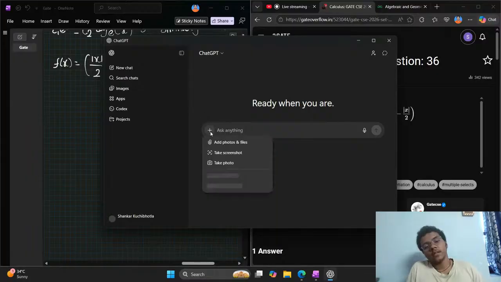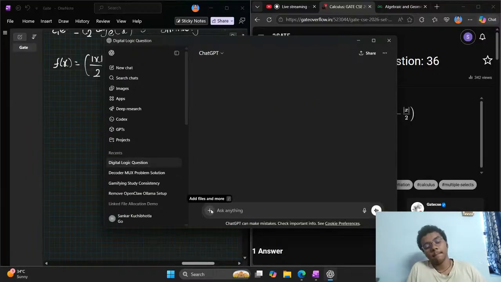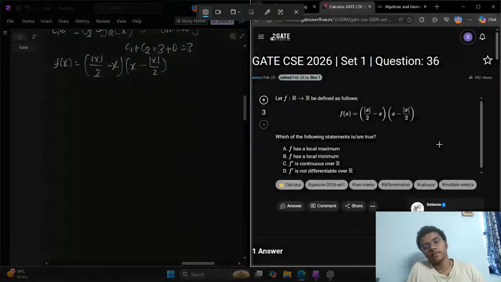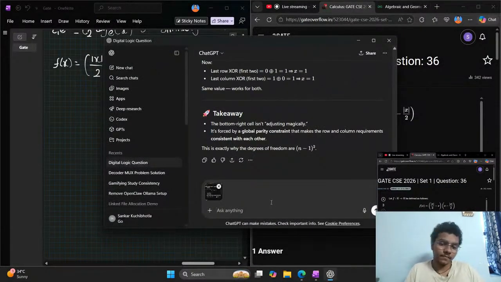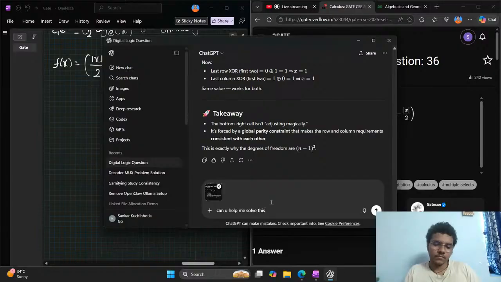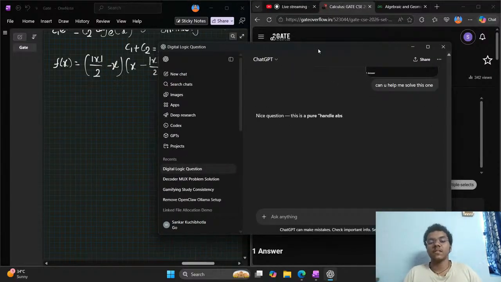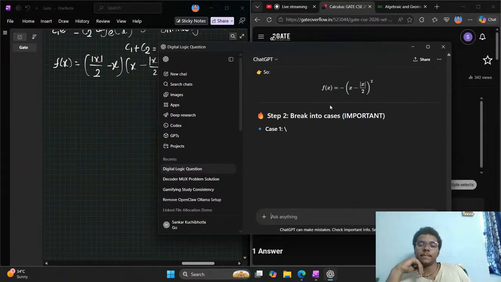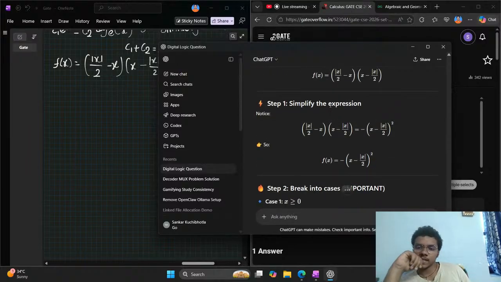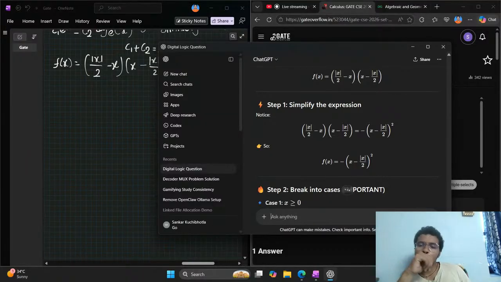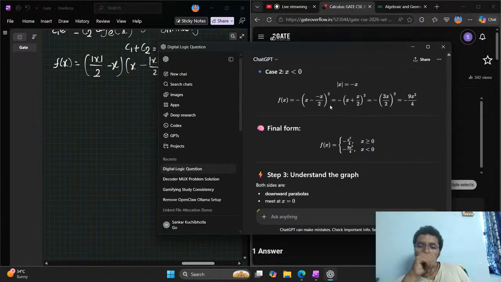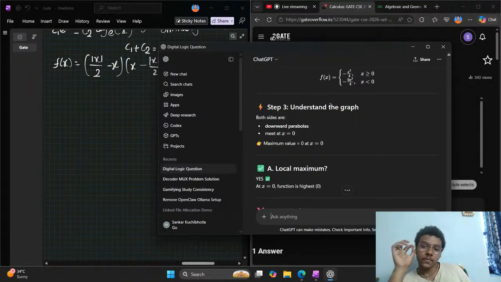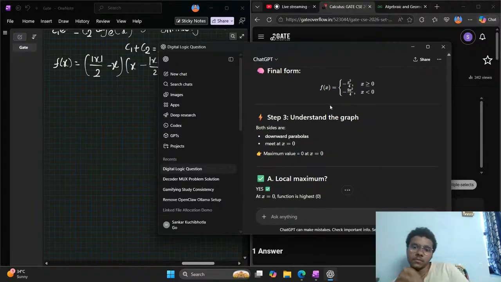Let's see how ChatGPT is going to solve this question. Both graphs are downside parabolas. How do you know that?